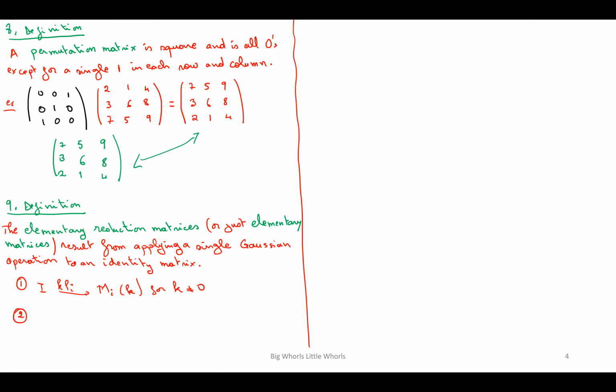Number 2, if you take an identity matrix and you swap any two rows i, j, you will get a new matrix.